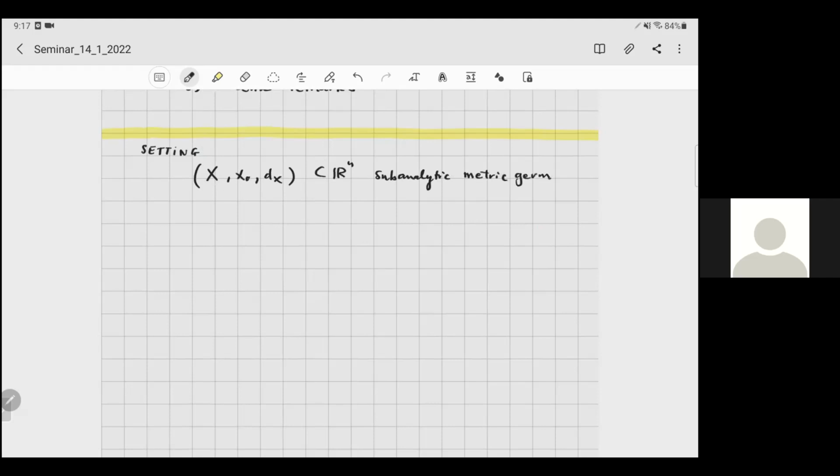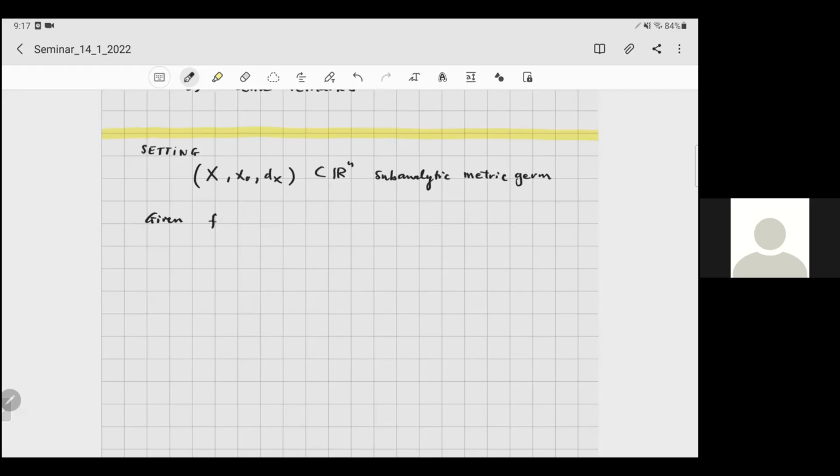This means X is subanalytic and dx is a metric on X. If you are not familiar with subanalytic, you can just consider X as a semi-algebraic germ.